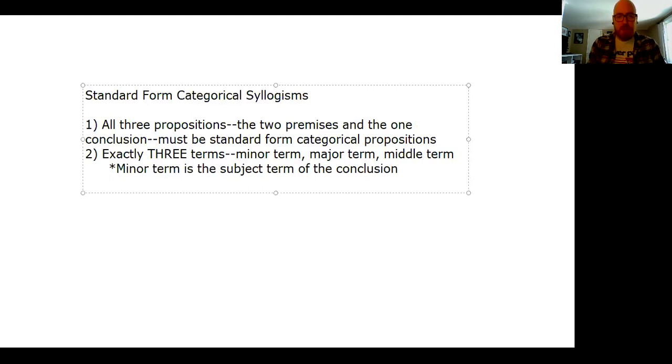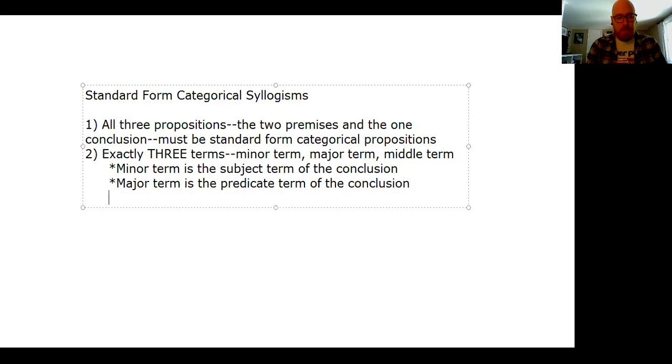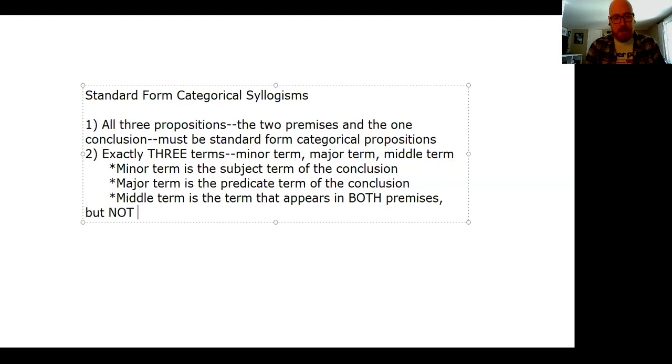Whatever the subject term of the conclusion is, that is your minor term. The major term is the predicate term of the conclusion. And the middle term is the term that appears in both premises but not in the conclusion.